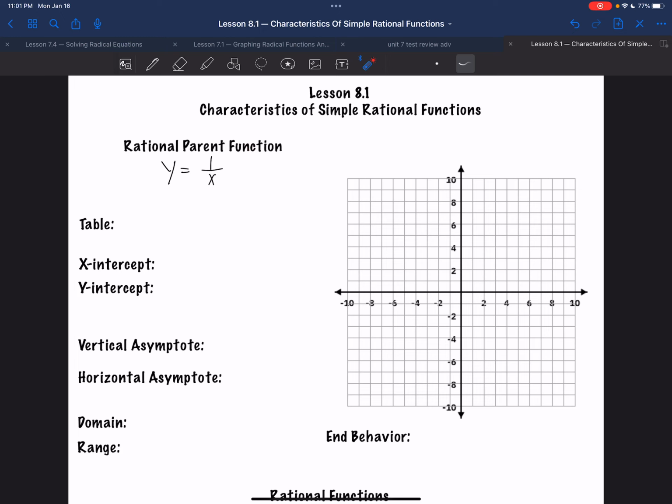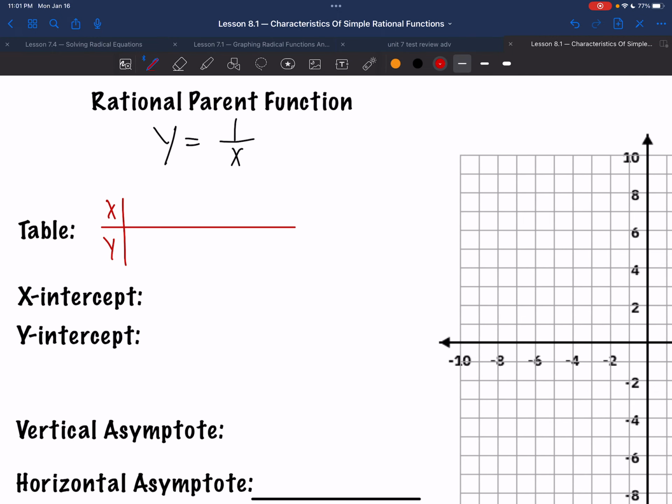Now, we can kind of get a general idea of what this function looks like if we make a quick little table. So I'll make x and y, and you probably already know what it looks like, but maybe let's suppose you didn't, right? The first x value I usually like to test is 0, but notice if you test 0, you get 1 divided by 0, and that's not possible.